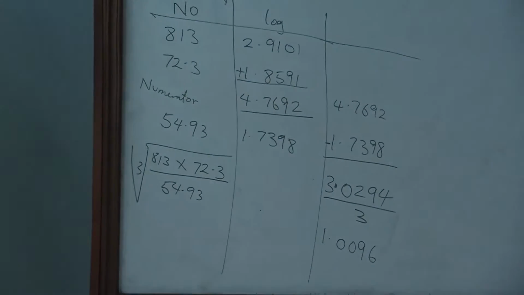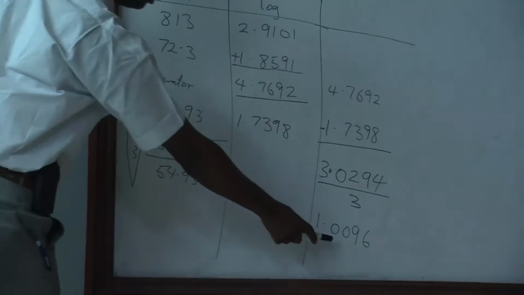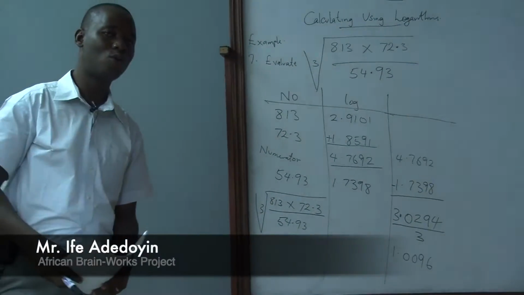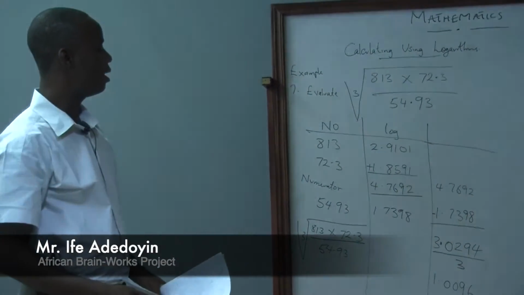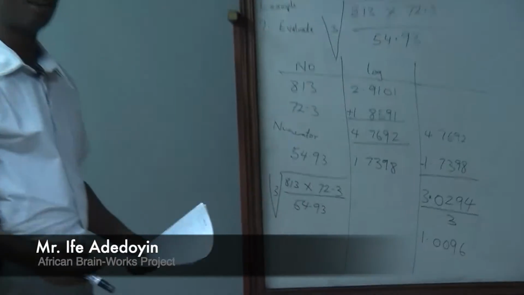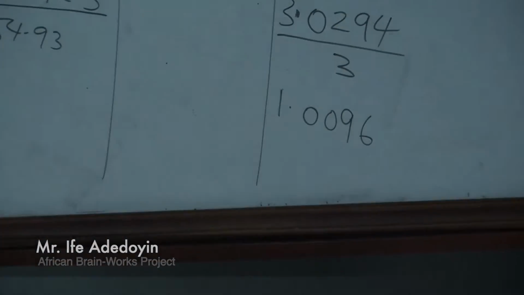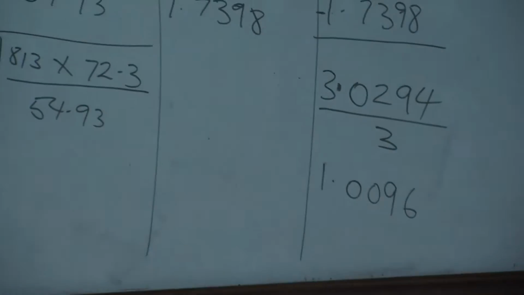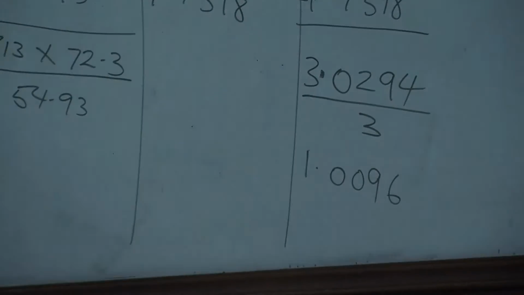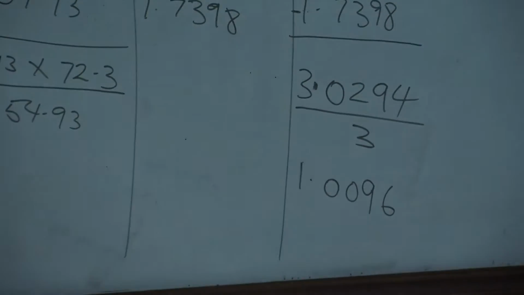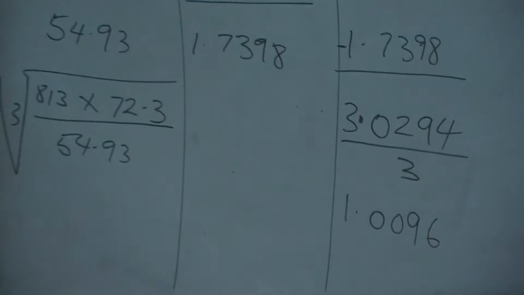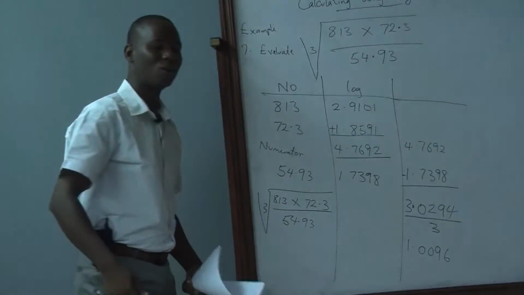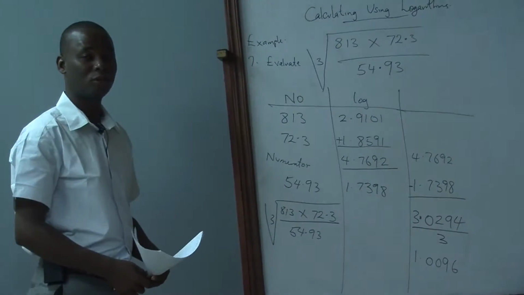Now, for us to have our final answer, we'll look in the anti-log table. We'll look on the column where we have 0.00 under row 9, and we add whatsoever we have under row 6 in the difference to it.